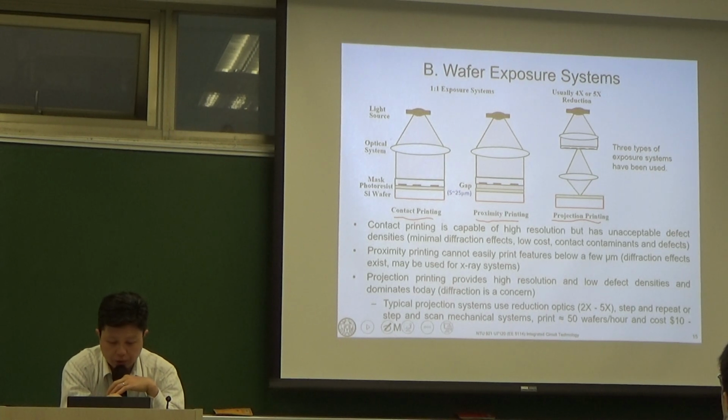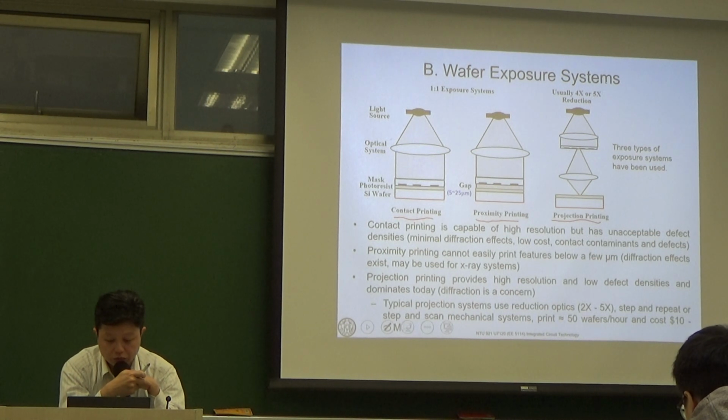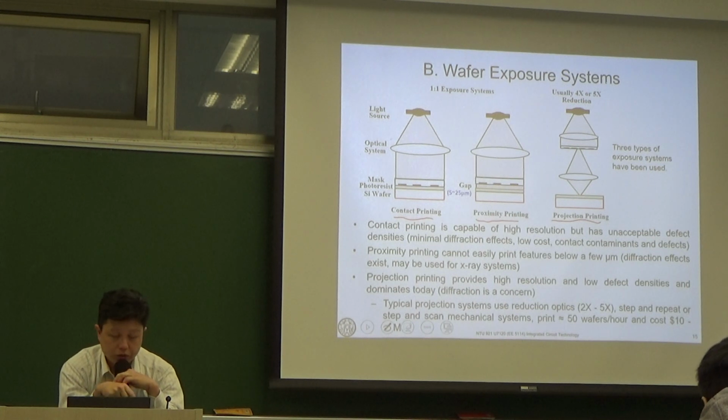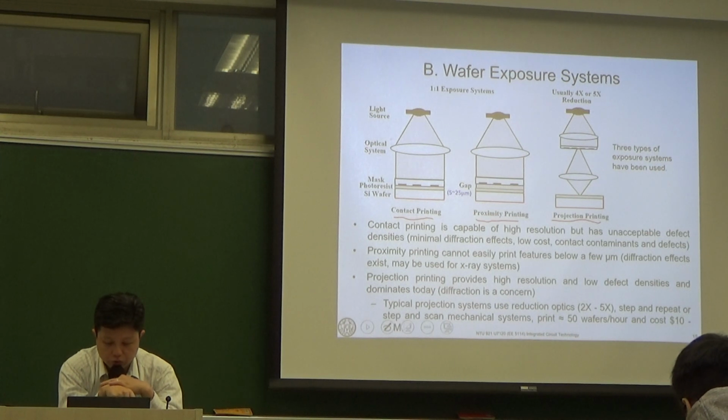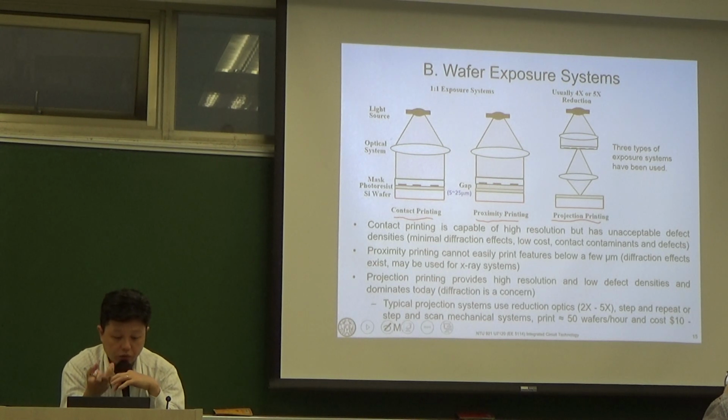The first one, contact printing, means your mask and your silicon wafer are in contact. So the gap between these two is very, very small. Although there's certainly still a very small gap, basically we try to make them in contact. So in this case, you can imagine that the features on your mask will be directly transferred to your photoresist, right?